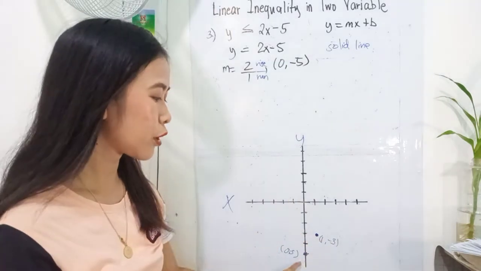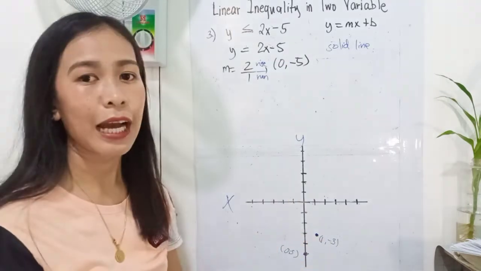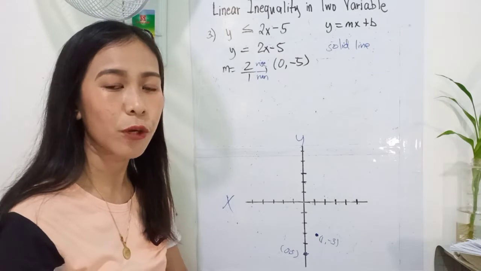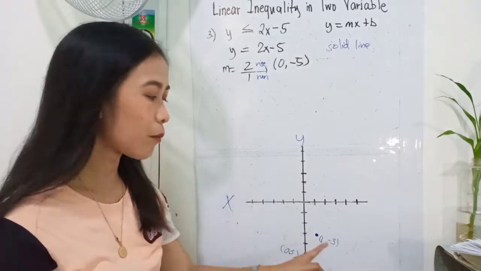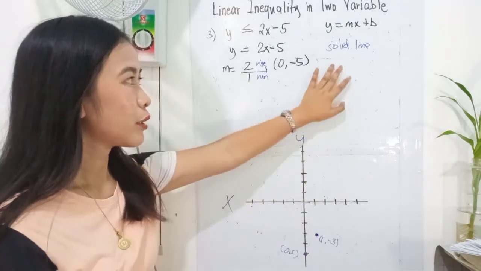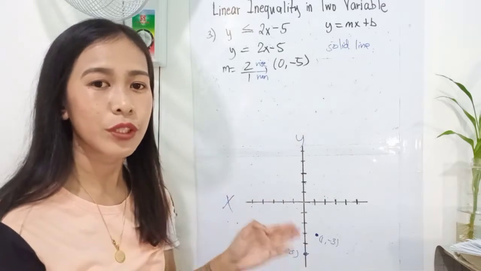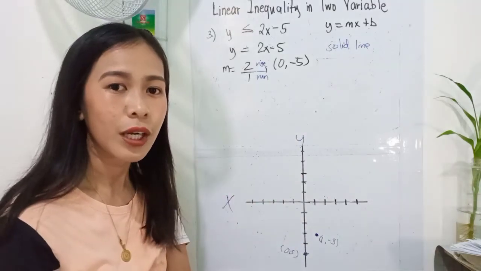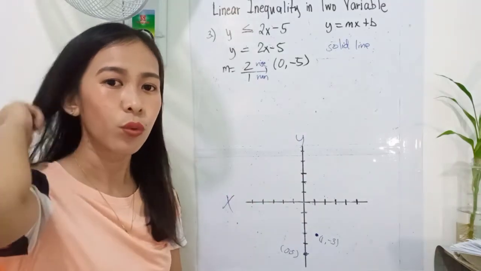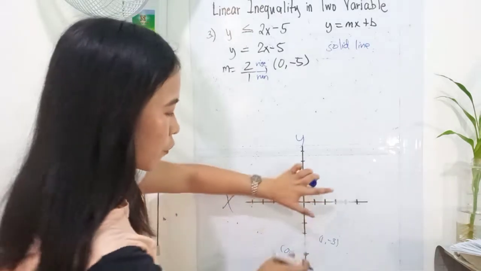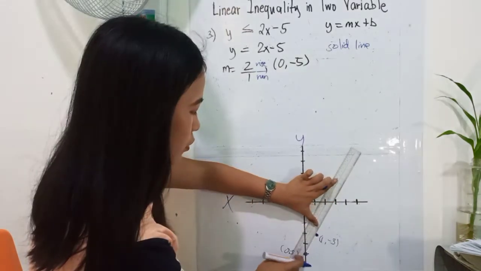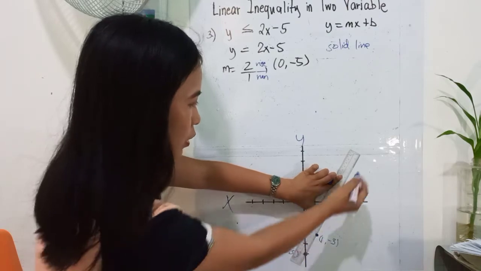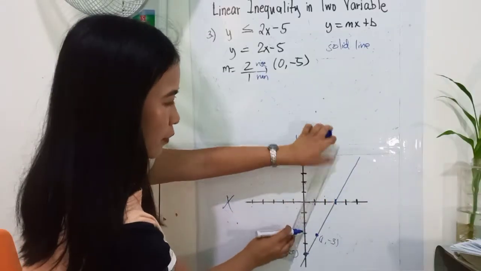Lahat ng nakuha nating ordered pair doon na nasa linya, hindi sila kasali sa solution set or magiging false sila. Ito mga to, kapag ginamit nyo, pwede nyo siyang i-check, dapat magiging true. So solid line, therefore we have a straight line, just a straight line.